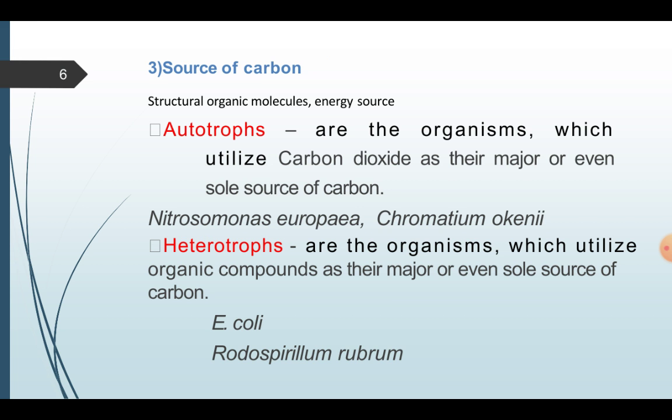Autotrophs are the organisms which utilize carbon dioxide as their major or even sole source of carbon: Nitrosomonas europaea, Chromatium okenii. Heterotrophs are the organisms which utilize organic compounds as their major or even sole source of carbon: E. coli, Rhodospirillum rubrum.